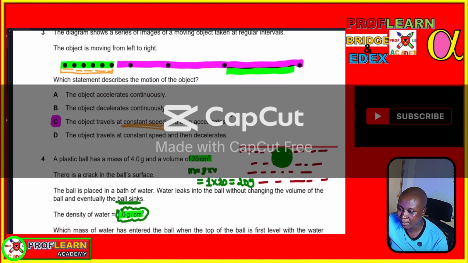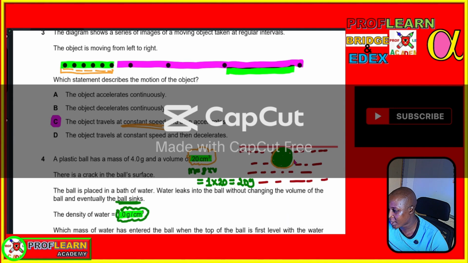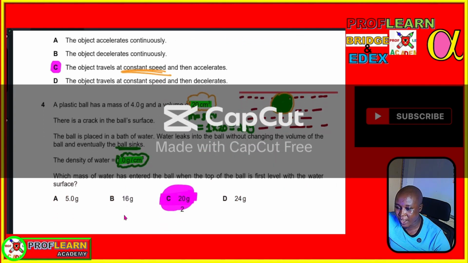A plastic ball has a mass of 4.0 grams and a volume of 20 centimeter cubic. There is a crack in the ball surface and the ball is placed in a bath of water. Water leaks into the ball, so this water is going to occupy a volume of 20 centimeter cubic. We are told that the density of water is 1.0 gram per centimeter cubic.